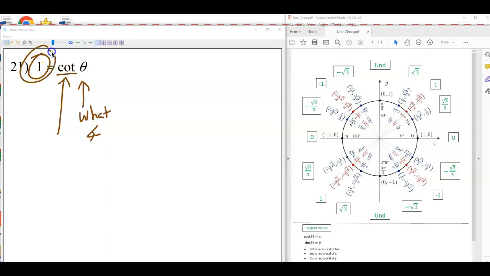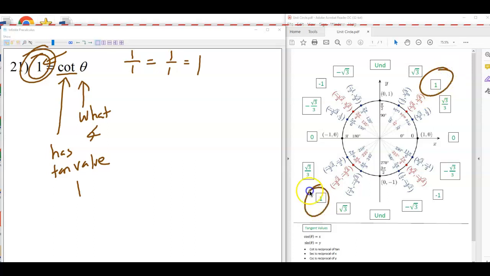So I want the reciprocal of this number. What's the reciprocal of 1? Well, 1 is 1 over 1. If you flip it over, you get 1 over 1, so it's still 1. The reciprocal of 1 is 1. So what angle has a tangent value of 1? 1 here, 1 here. So that's 5 pi over 4 and pi over 4.